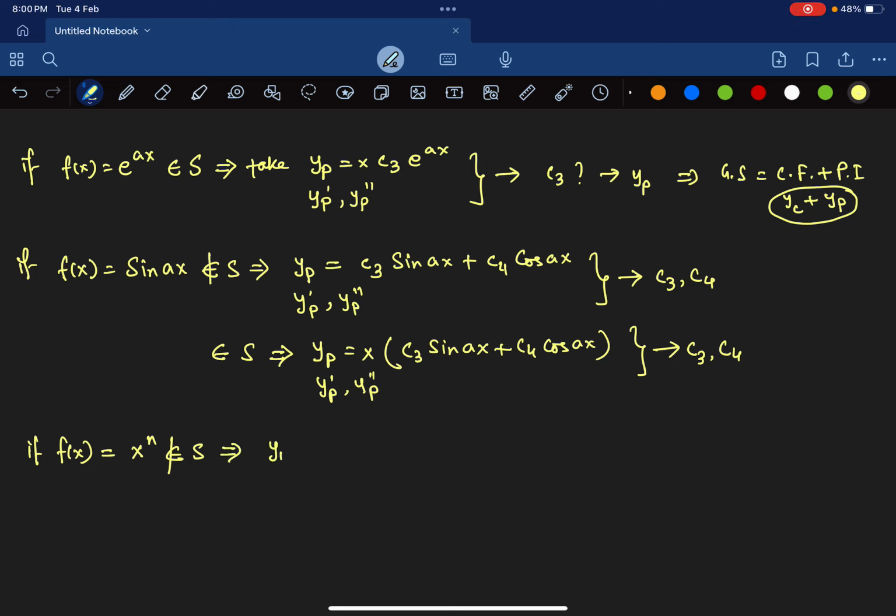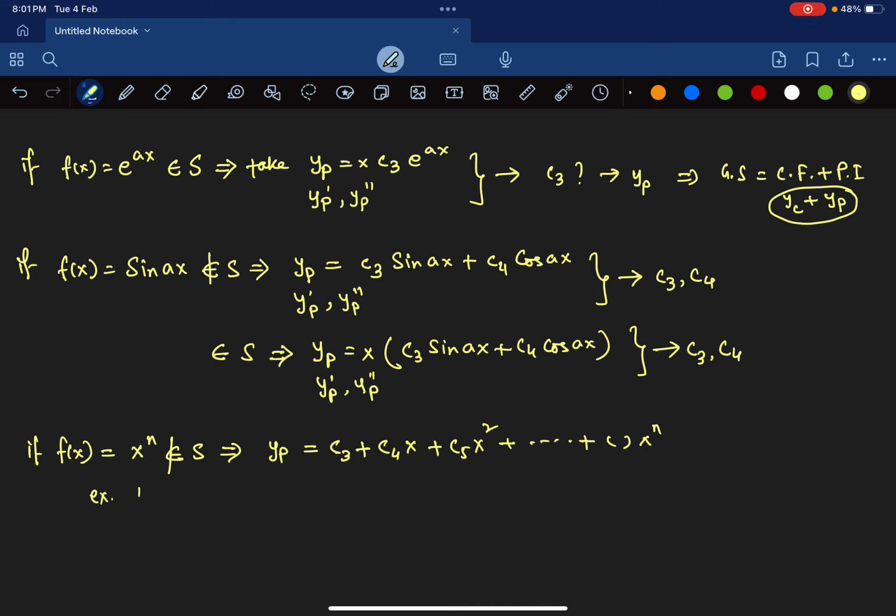So in that case, what do we need to take? yp is equal to, c1 and c2 are already there in the complementary function, so here you will start from c3 plus c4 x plus c5 x^2, and go on up to x^n.